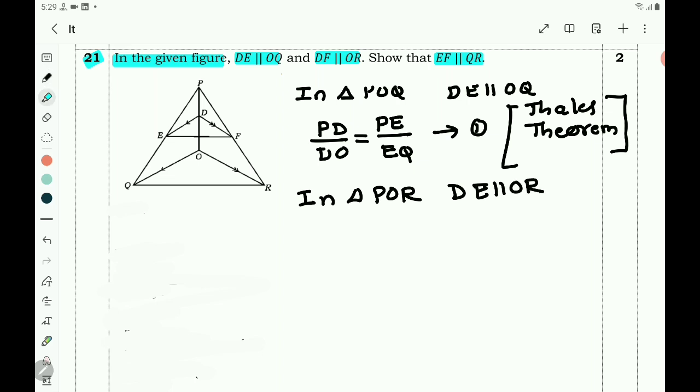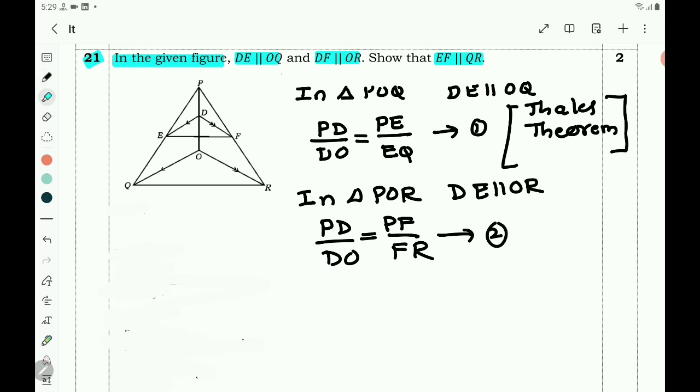Then what is the ratio we have to write? PD by DO equals PF by FR. So you got the ratio PD by DO equals PF by FR. That is the second one.